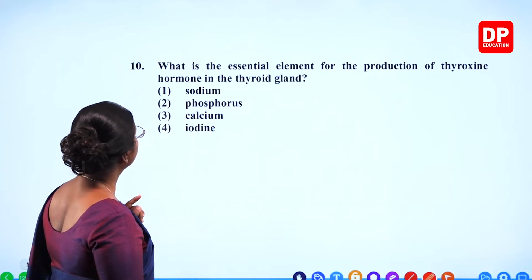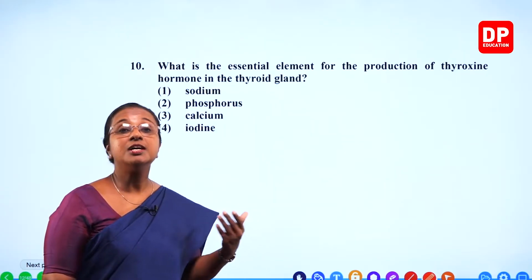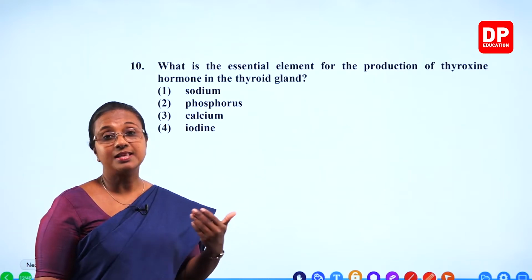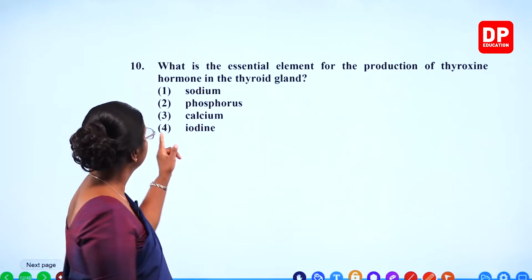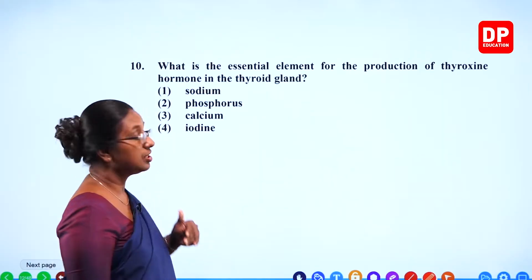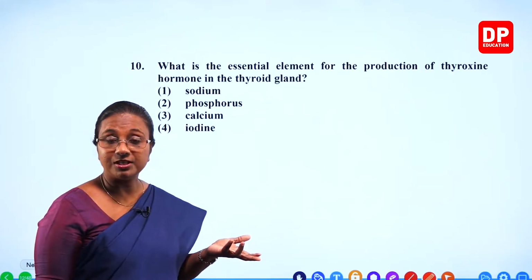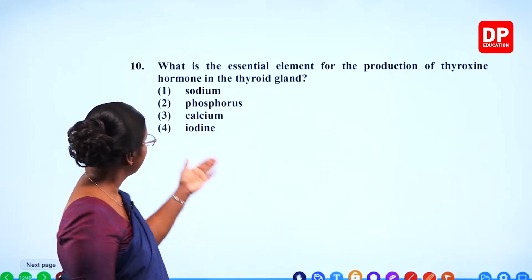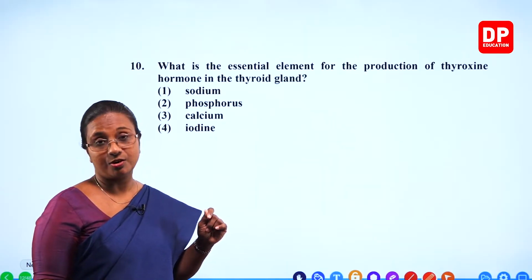So if you look at the answers, sodium of course is usually needed for the transfer of nerve impulses. Then there is phosphorus, calcium and iodine. Phosphorus is a constituent of nucleic acid, and calcium is needed for the development of bones and teeth, but iodine is needed for the production of thyroxine.